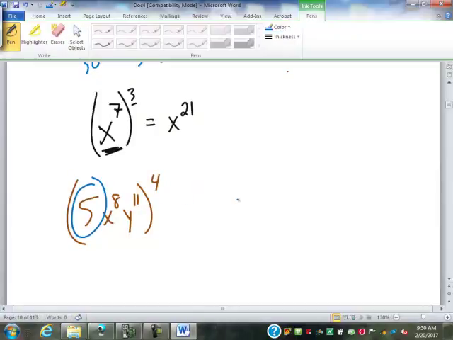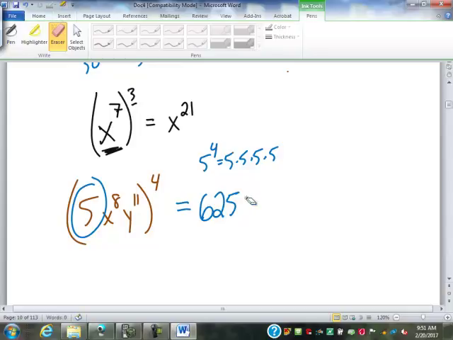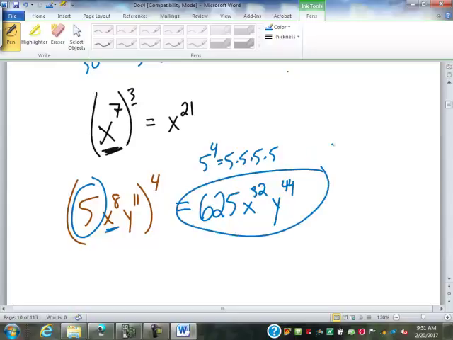So 5 to the 4th, is that going to be 20? No. 5 to the 4th is going to be 5 times 5 times 5 times 5, or 625. What happens to the x? X to the what? 8 times 4 is 32. And y to the 44th. So each piece gets done separately.